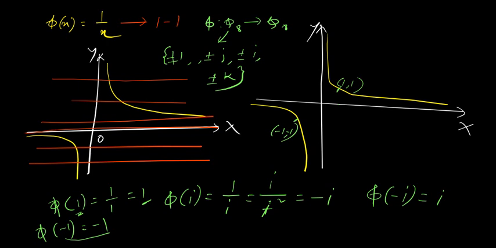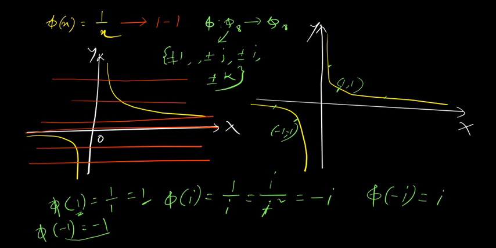Actually, I can't plot this point i comma minus i in this graph, because i is a complex number, and minus i is similarly a complex number. In the x-axis there are all real points. Suppose i and minus i are here, j and minus j are here, k and minus k are here.